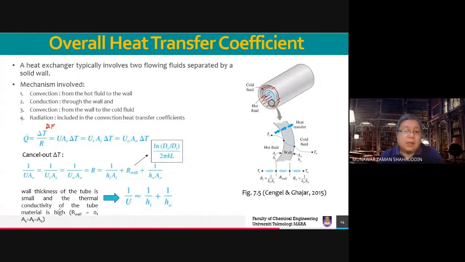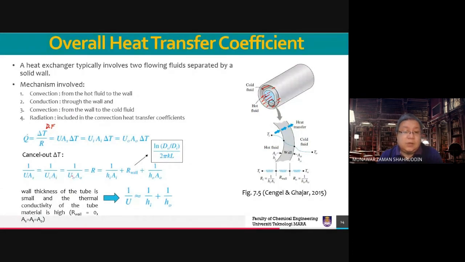Then the conduction heat transfer is very high, so R wall becomes 0, because this is a very high value, so this becomes very small. So As, A naught and Ai are the same.